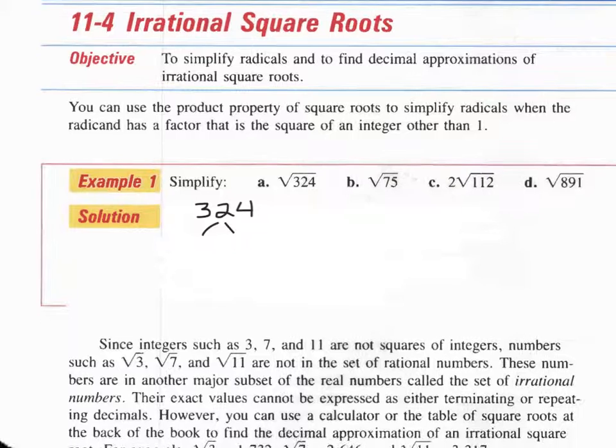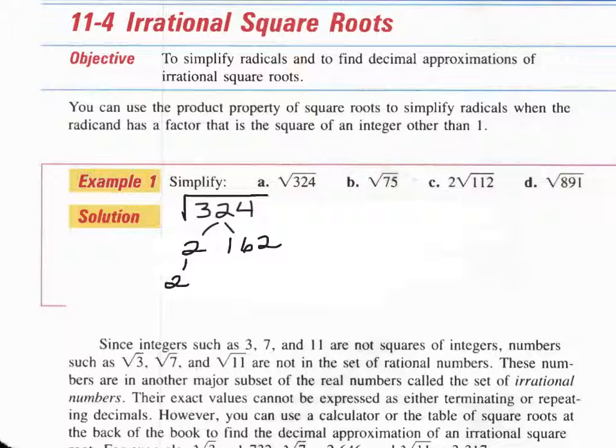So 162. Now, if you realize that there were a larger number, like say 9, because you could use your divisibility rules where you could add the numbers 3 plus 2 plus 4, and notice that that would add up to be a 9. So I know 9 will go into there. However, if you're not good with those divisibility rules, then you're just going to find a number that'll divide in there evenly, and then keep breaking it down until the whole thing is prime. So 2 is prime.